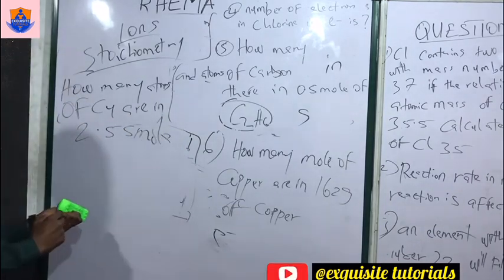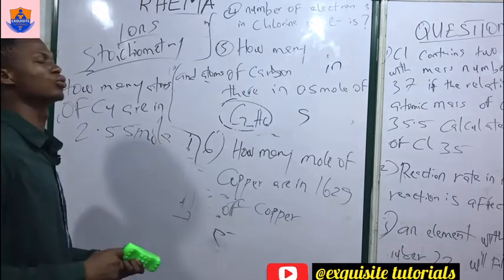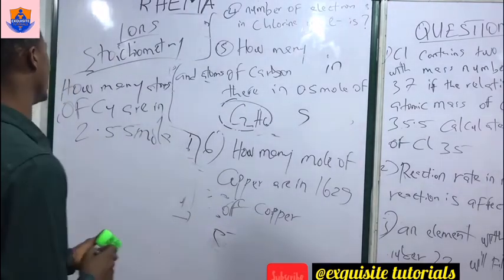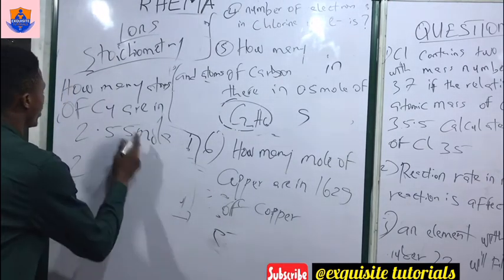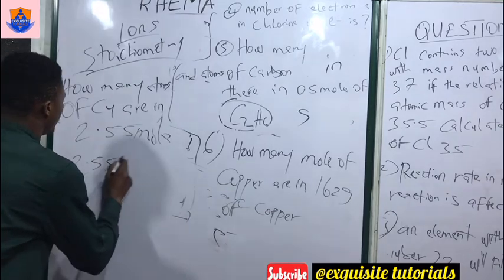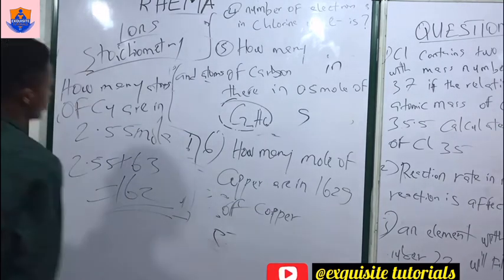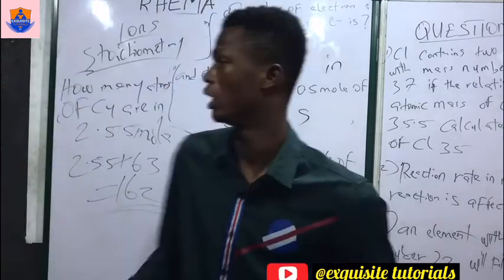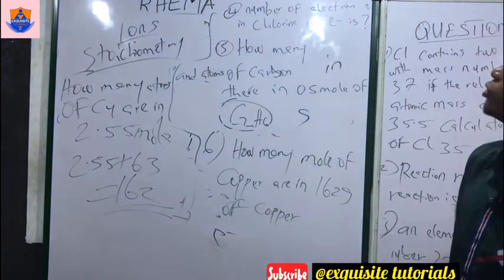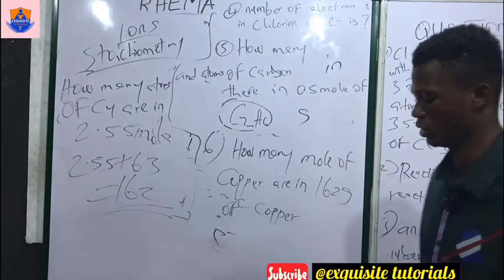Since we know that 1 mole is equal to 63.5 gram, therefore 2.55 mole is equal to 2.55 times 63.5, which is about 162. So this is about mole and mass. They are almost related and the same thing.